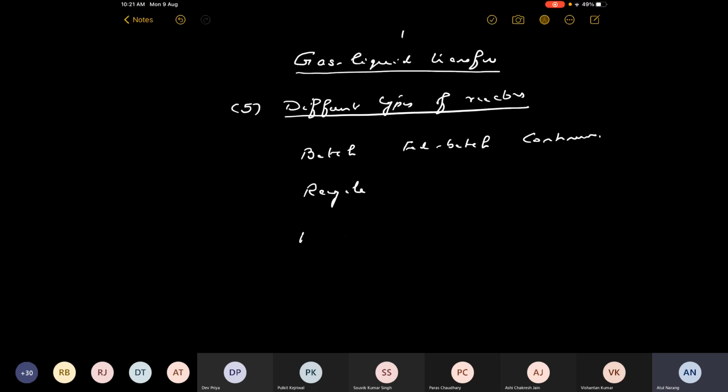Anyway, the main thrust here, the main focus, will be to find the relations between them.